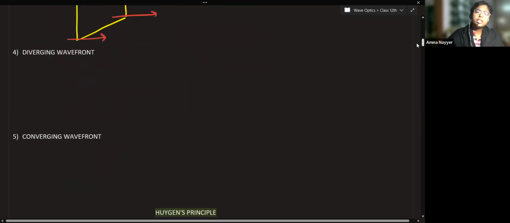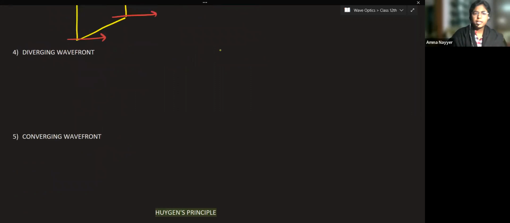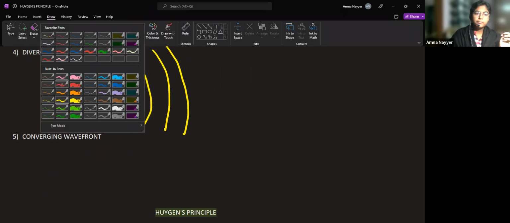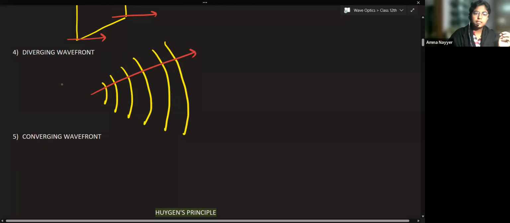See, diverging and converging. Diverge means what? Something that is spreading. Diverging rays we had. So see, if the waves are somewhat like this, now see, how will the rays be? Can you see the rays are diverging?